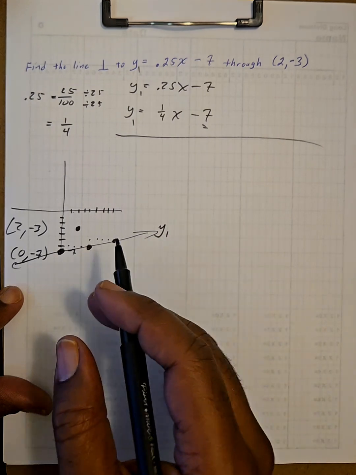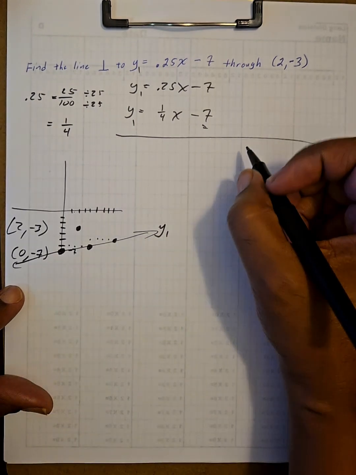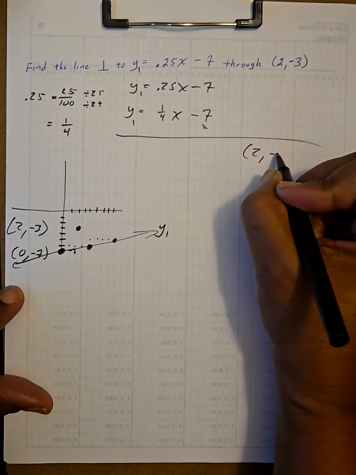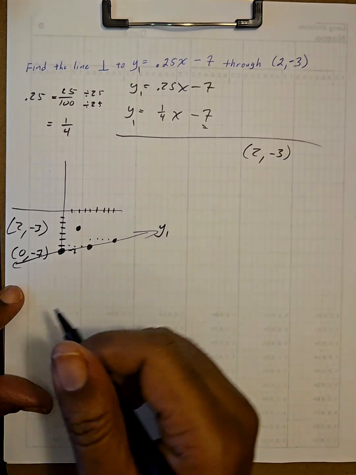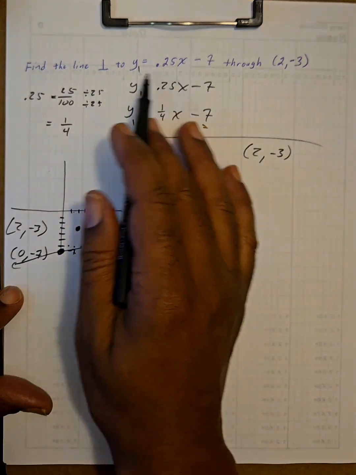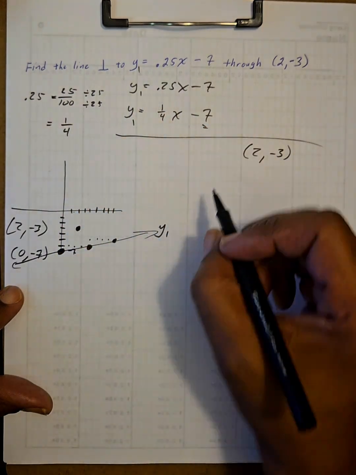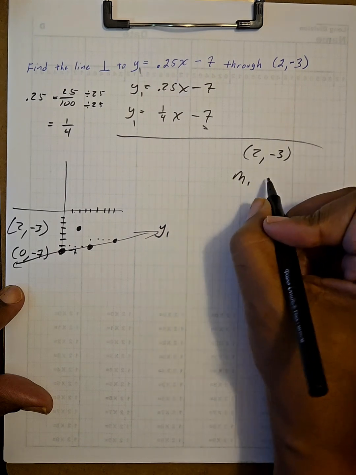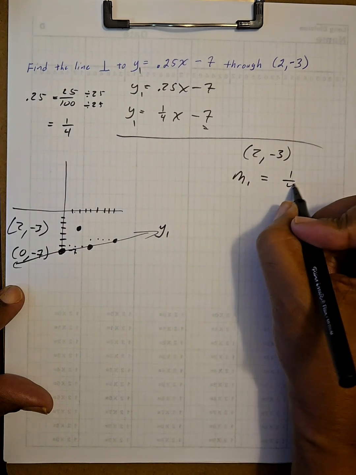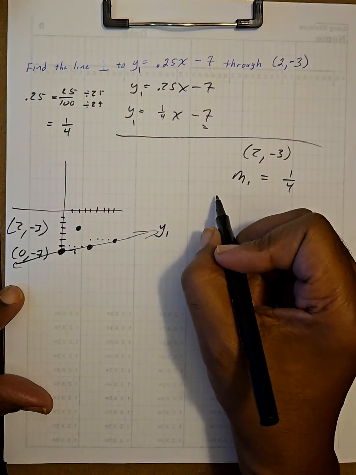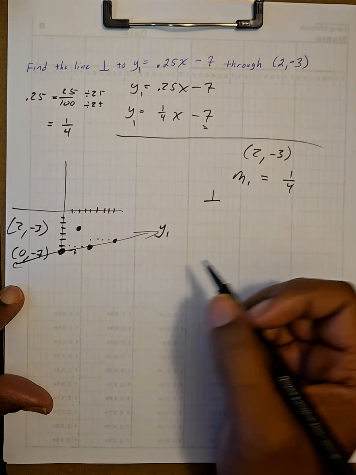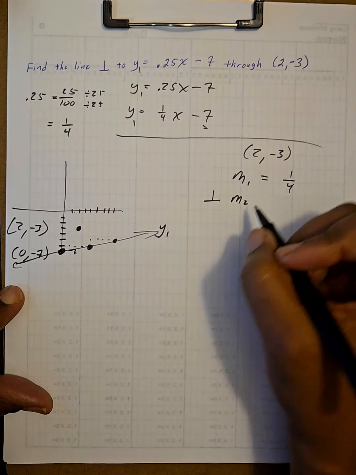To create that new line, we start the process. We need a slope and a point. Well, we already have a point. The slope that we have here belongs to y1. The slope of y1 is 1 over 4. But we want a perpendicular slope. We'll call that y2.